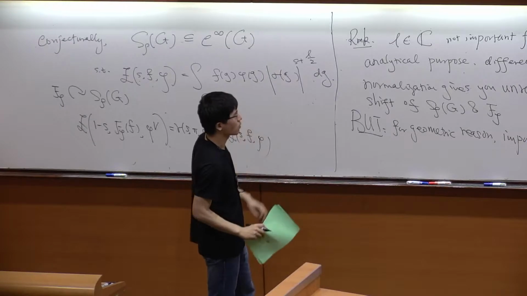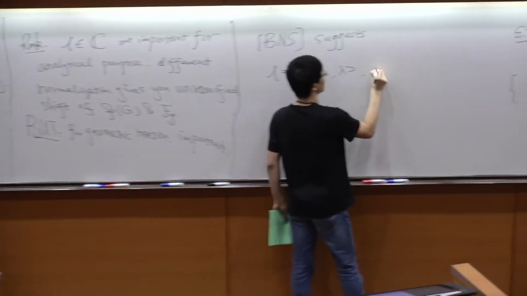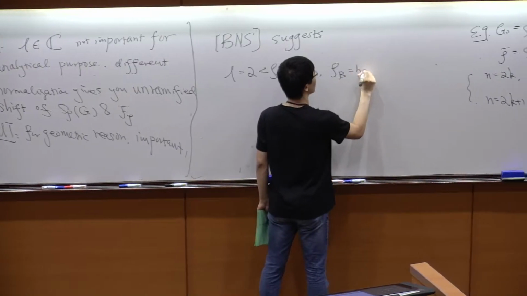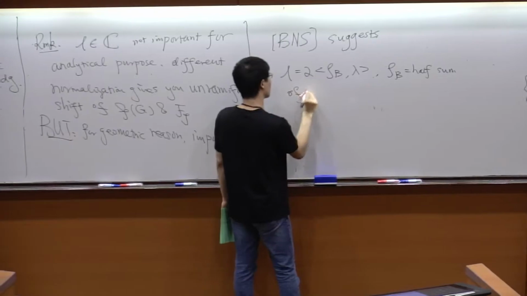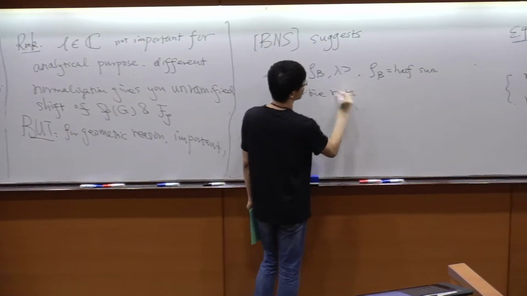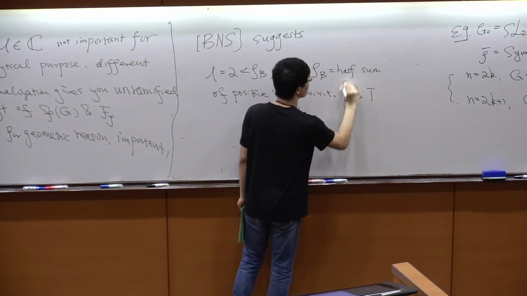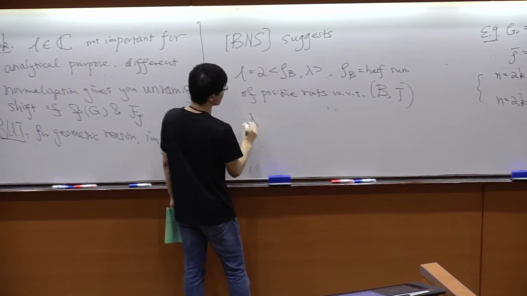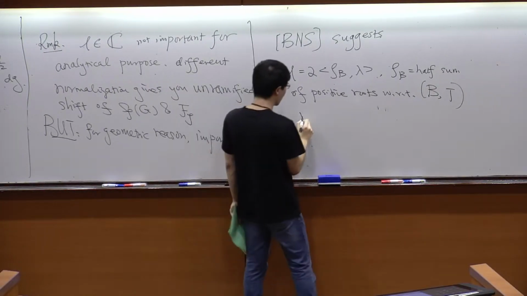It should be 2 times the pairing between rho b and lambda. Then what is rho b here? Rho b is the half sum of positive roots with respect to some Borel pair, B, T. And lambda is the corresponding highest weight of rho. We assume rho is irreducible.